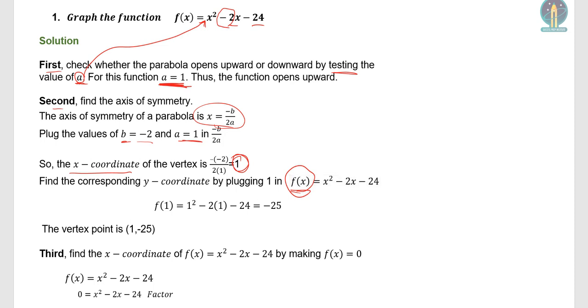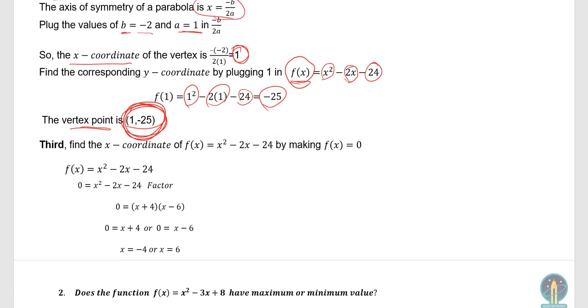Plugging in 1 in our f of x, we get f of 1 is equal to 1 squared minus 2 times 1 minus 24, which gives us minus 25. So the coordinates for the vertex are 1 and minus 25. Okay, so now we have the vertex.